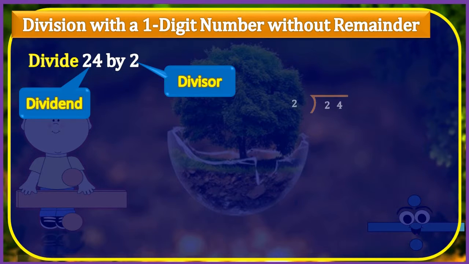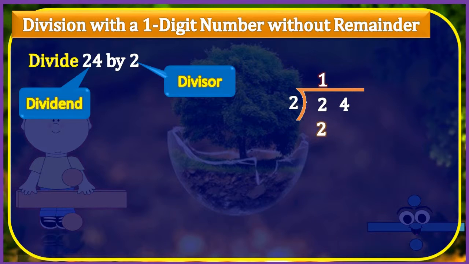To divide the number 24 by 2, we start with the tens place and check whether it is divisible or not. So here 2 is divisible by 2, that is 1 time. So write quotient 1 here and 2 here.